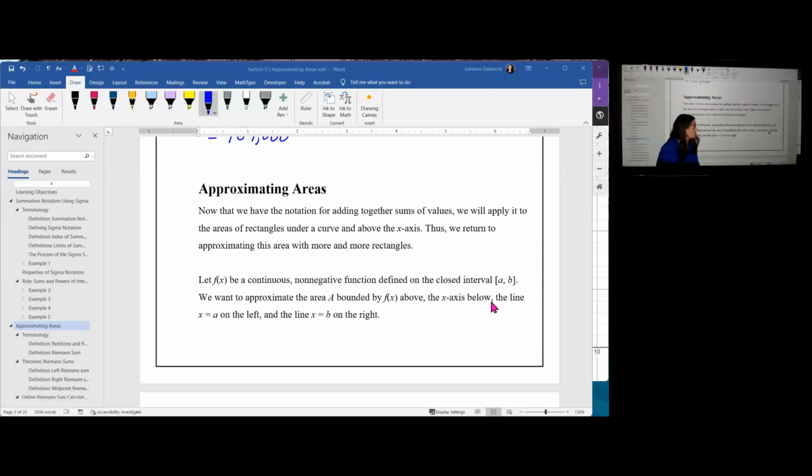We're going to start by letting our function f be continuous and non-negative and defined on the closed interval from A to B. We want to approximate the area bounded by the function above, the x-axis below, the line x equal A on the left, and the line x equal B on the right.